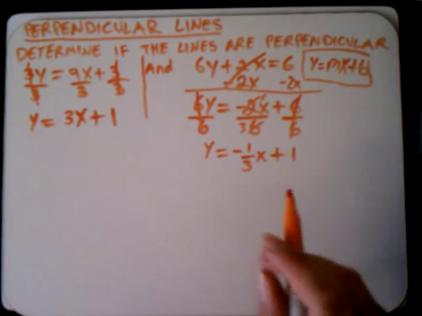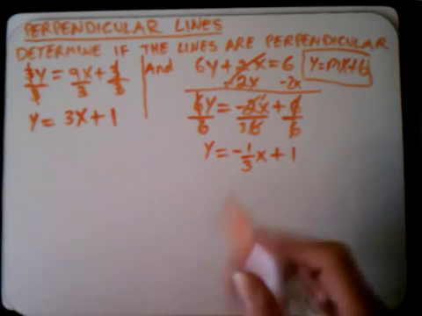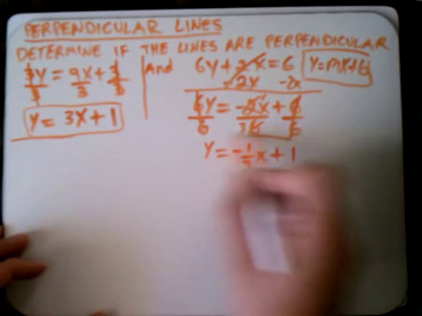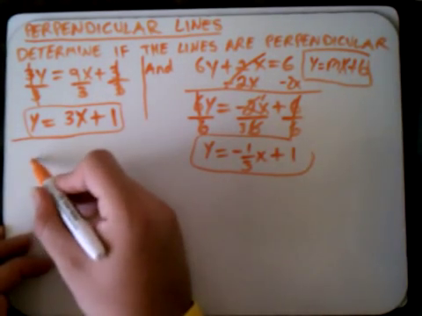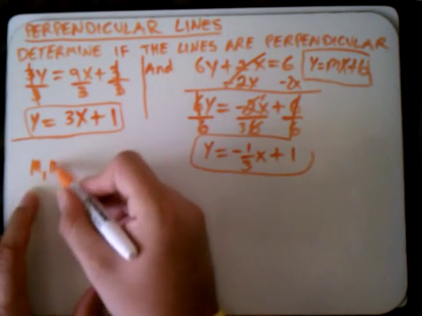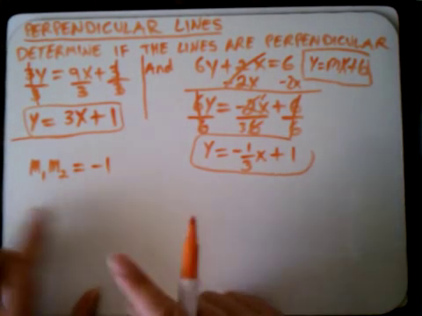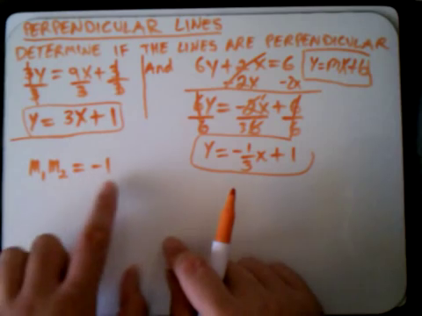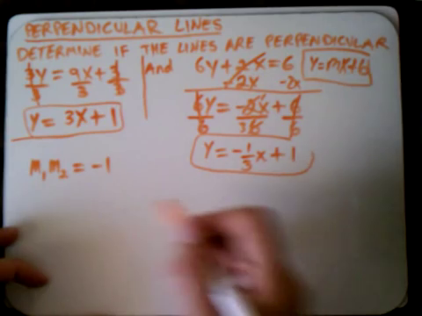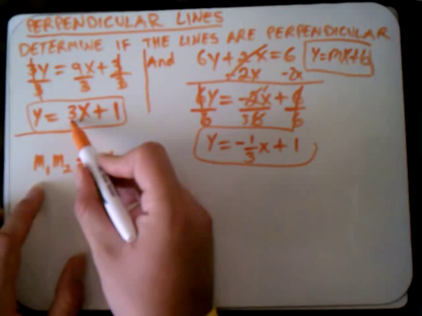Now, we're interested in perpendicular. The way you know the lines are perpendicular is the following. The slope of the first line times the slope of the second line has to equal negative 1. If the two slopes, when you multiply them, give you negative 1, then the lines are perpendicular. The slope of line 1 in this case is 3.